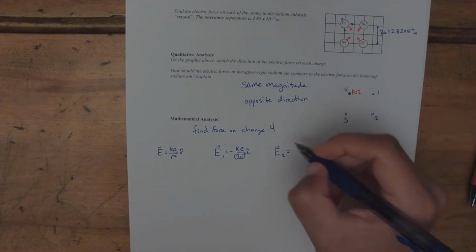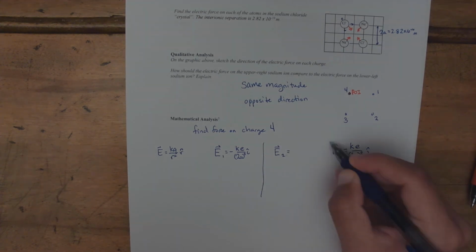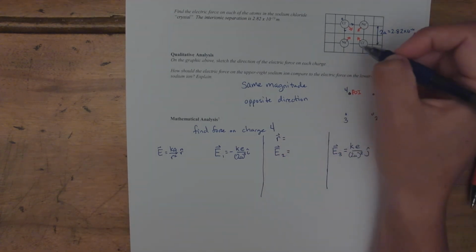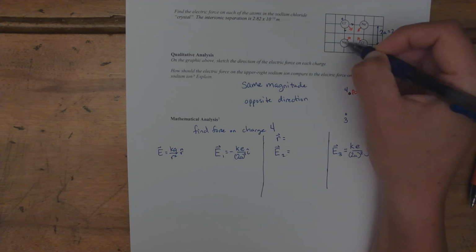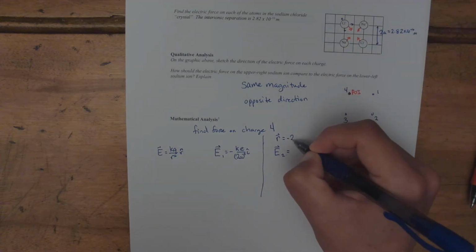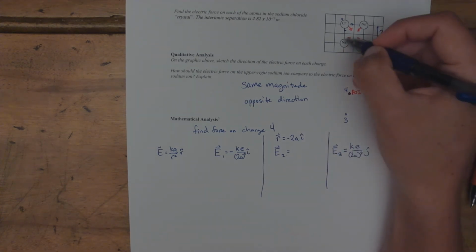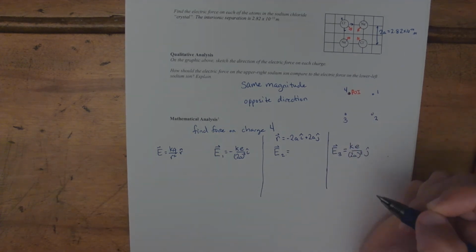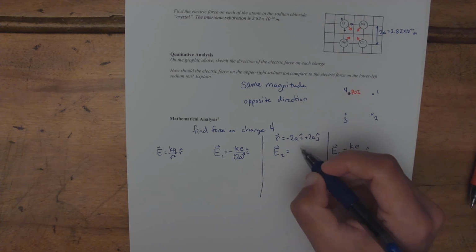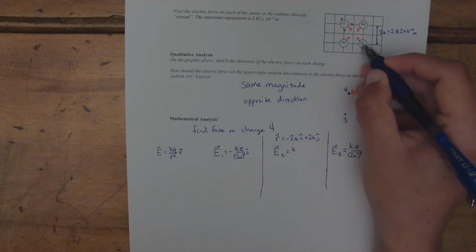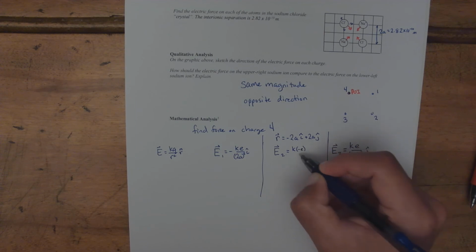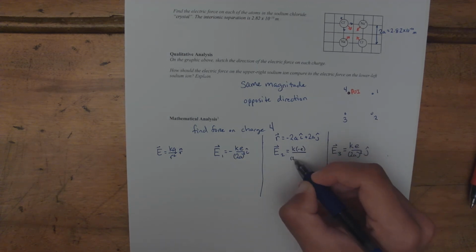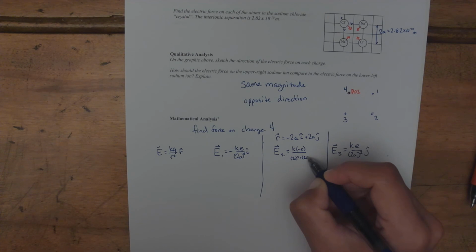So, for this one, I'm going to write out my r vector, and going from the charge to the point of interest, that's 2 blocks to the left, which is minus 2a i hat, and then 2 blocks up, so that's plus 2a j hat, and then I have k times this charge, which is negative E, so kq divided by r squared would be 2a squared plus 2a squared.